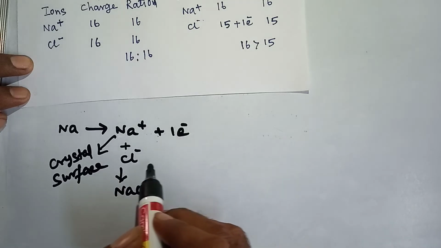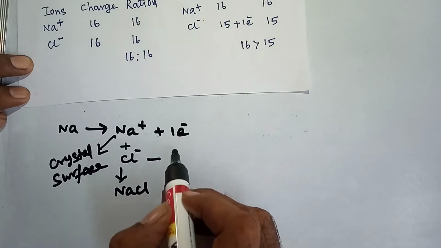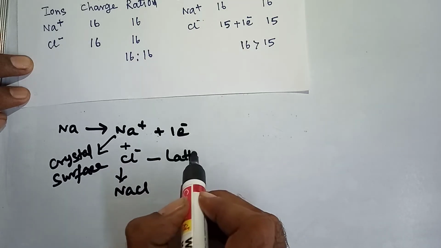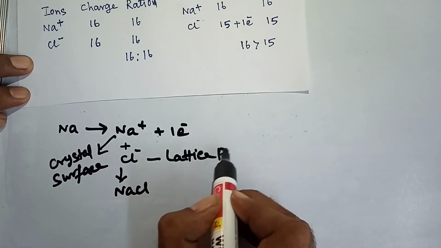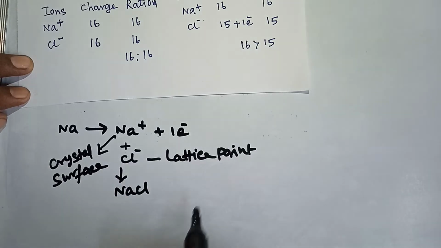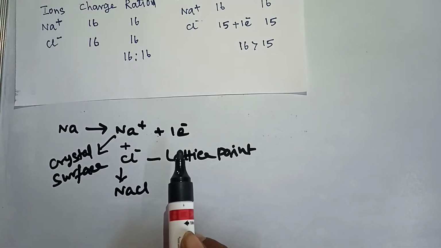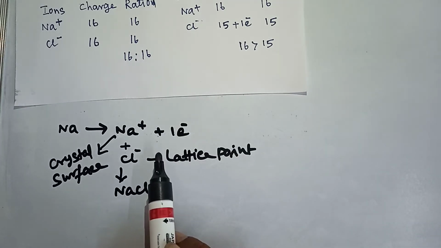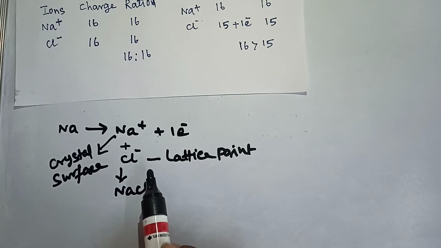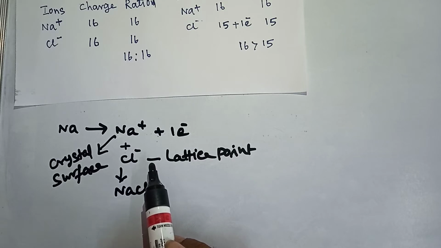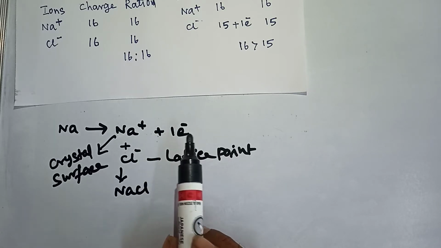Okay, this chloride ion moves from the lattice point. Due to this movement of anions from the crystal lattice to the surface, anionic vacancies are created.